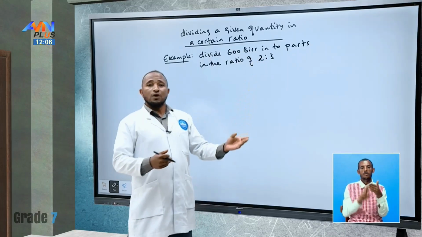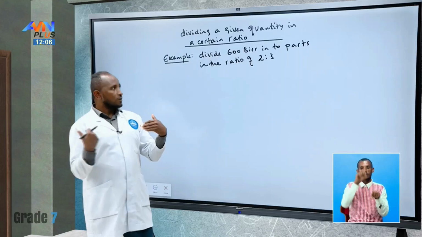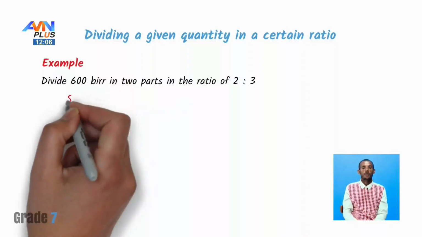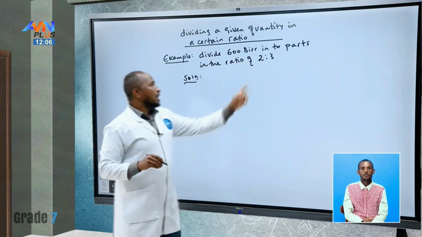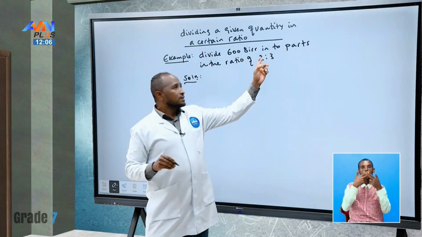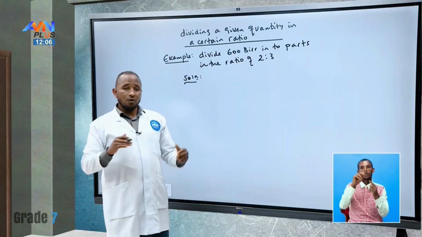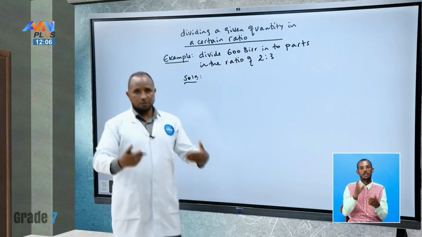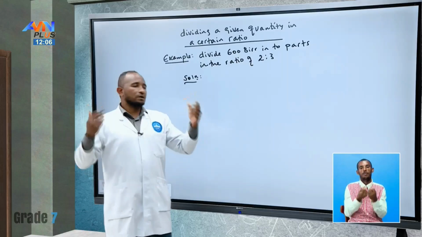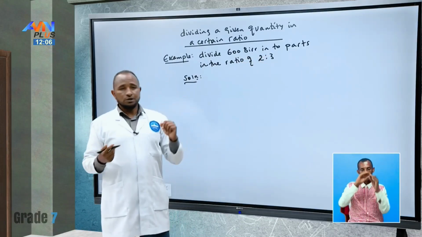So you are asked to find the original quantity. To find that, I have to multiply these 2 numbers, 2 and 3, by a certain constant to get the original numbers, since this one is the lowest term. So the original terms are obtained by multiplying both 2 and 3 by the same number.